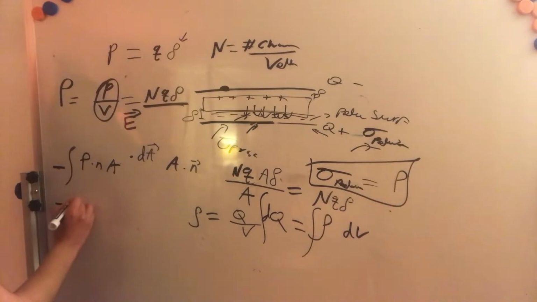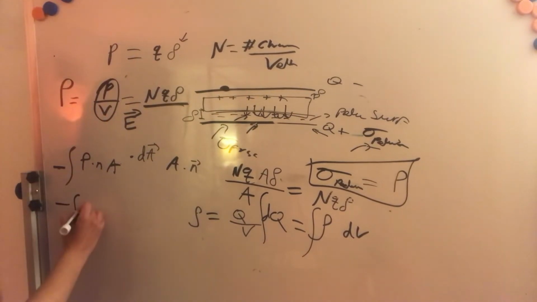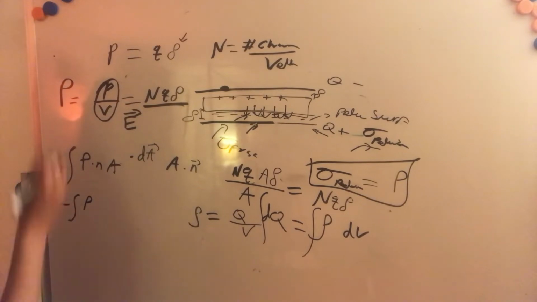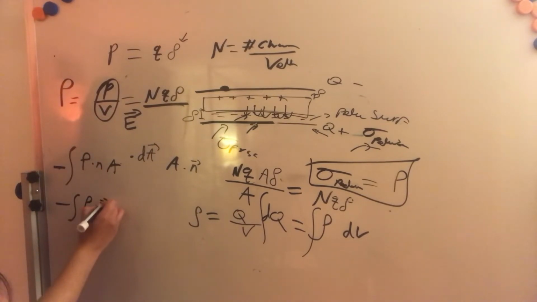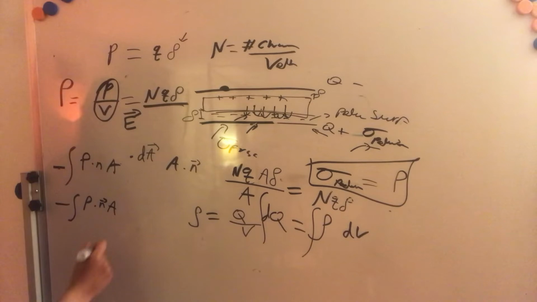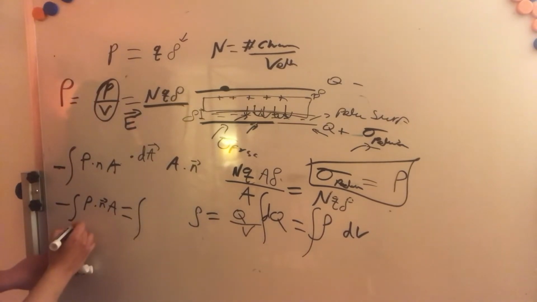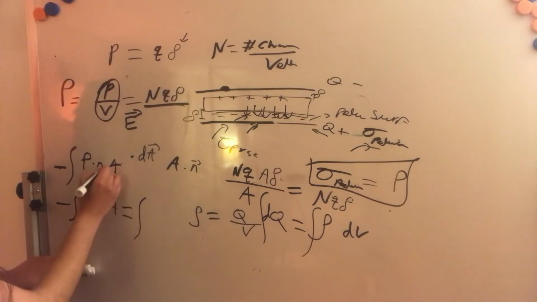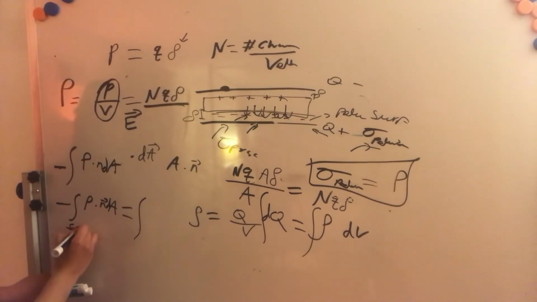So we have that the negative of the electric dipole moment per volume dot the normal vector times the area is equal to, this is the surface integral, because we are integrating with respect to the area.